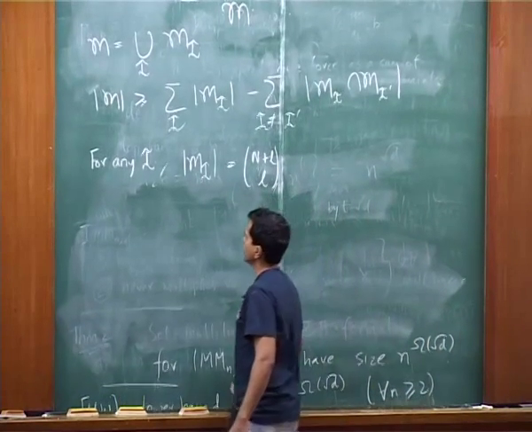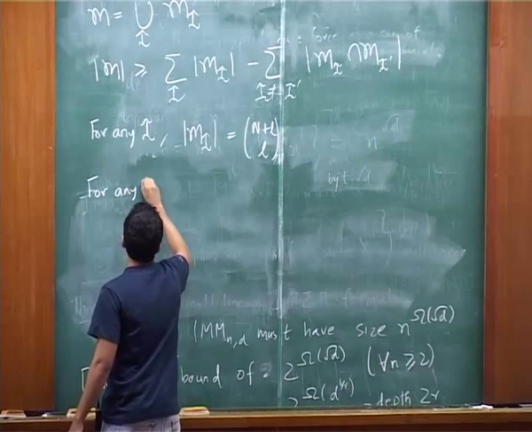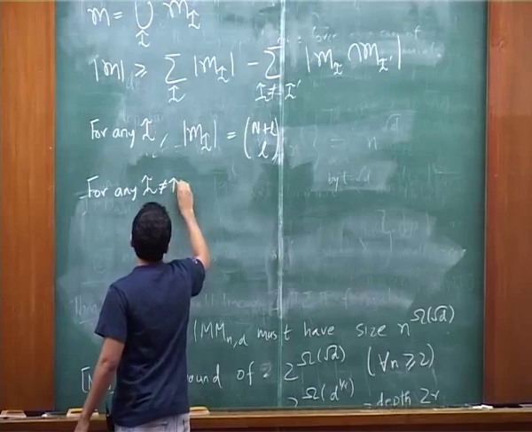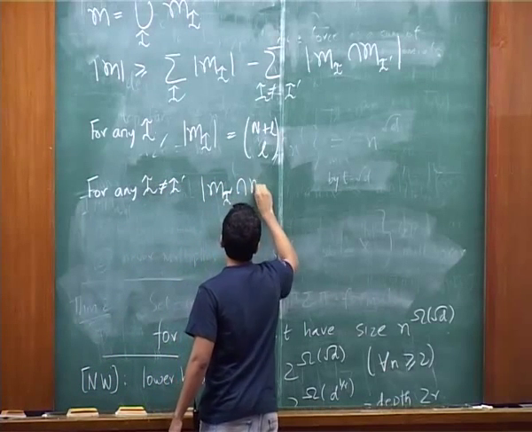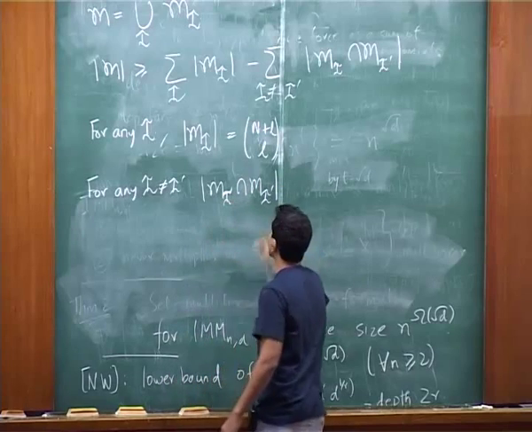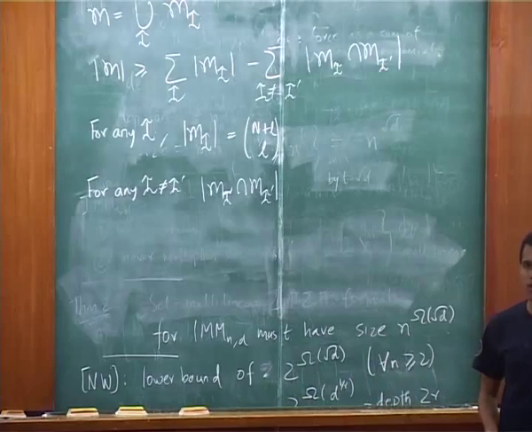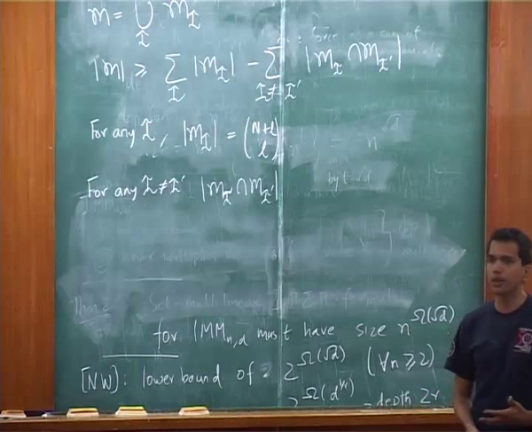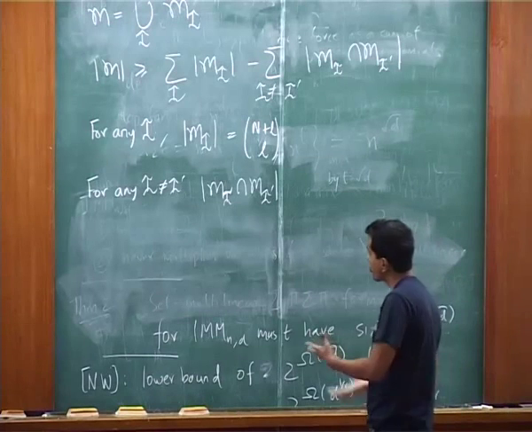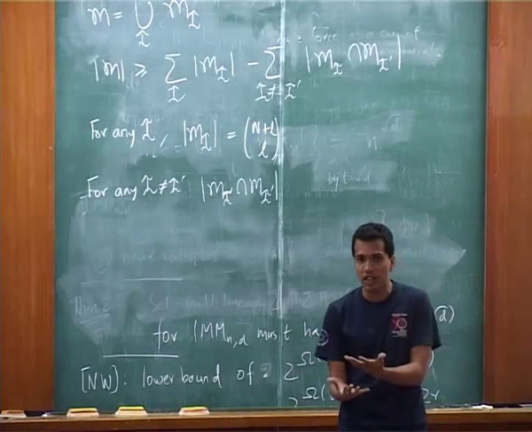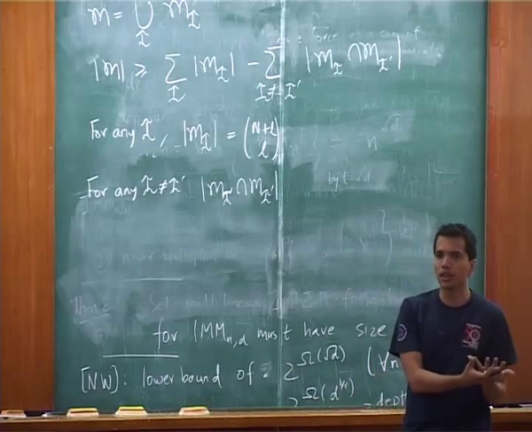What about the other term? Well, that requires a little more work. How many monomials are shifts of both the derivative with respect to I and the derivative with respect to I prime? If a monomial is the shift of both these different derivative monomials, then each derivative monomial must divide it.